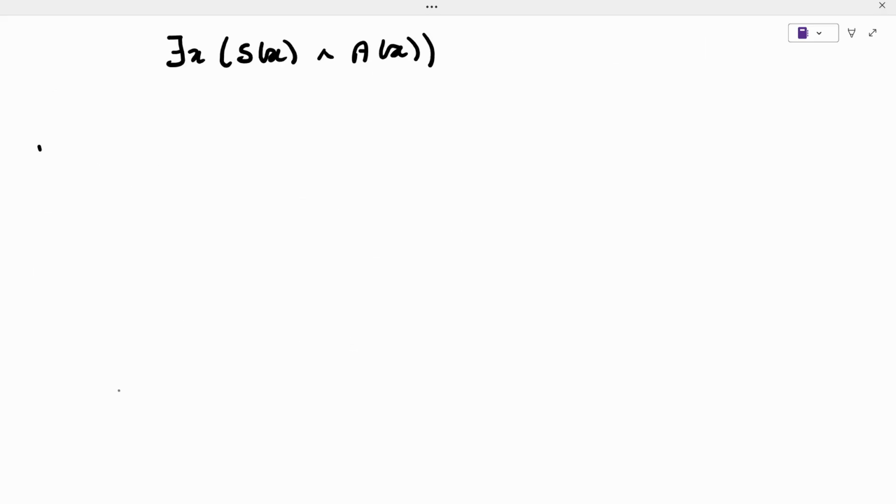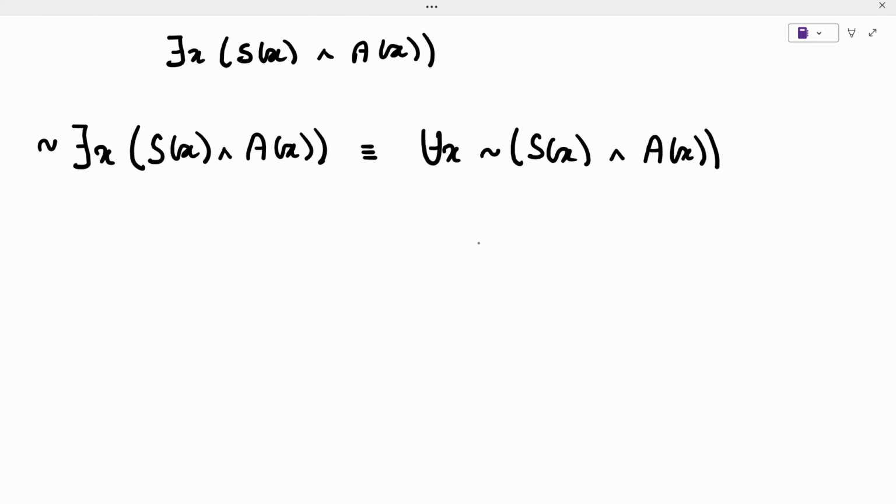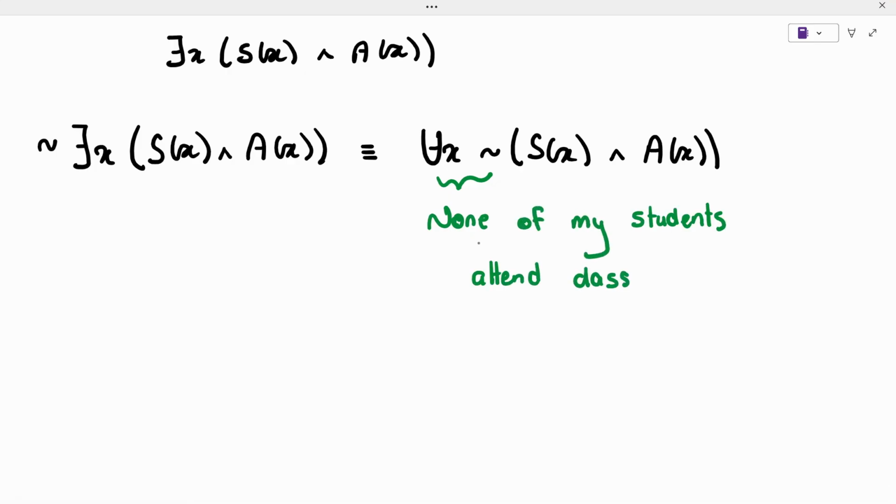So we want to negate this statement. Using our rules, we'll get for all x, not. And in words, we could say none of my students attend class. Of course, that's a false statement, so we've successfully negated the original statement.